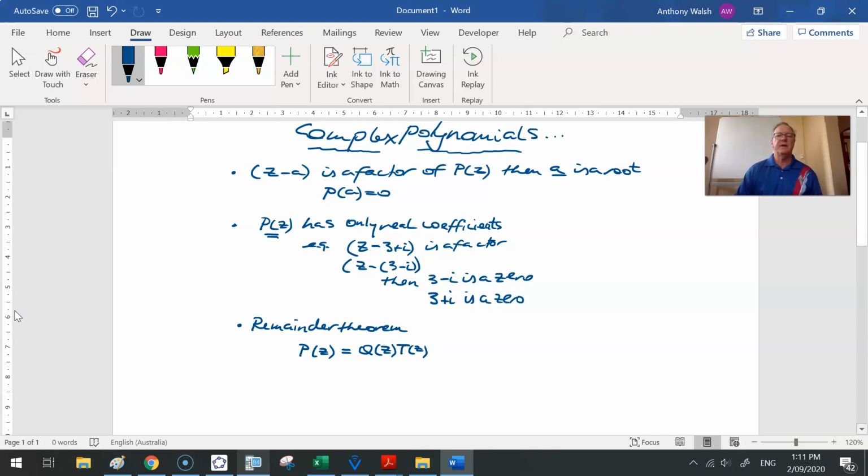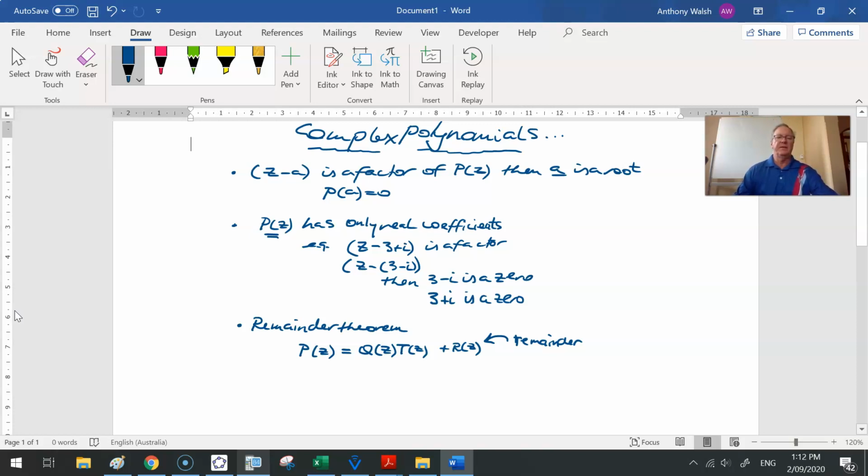Now, if they are not true factors, then there might also be some sort of remainder with respect to z as well. Now, the remainder theorem says, that thing there represents the remainder. Just like if you take 10 and divide by 4, it goes in a certain number of times, but there will be some remainder as well. The same thing happens for polynomials.